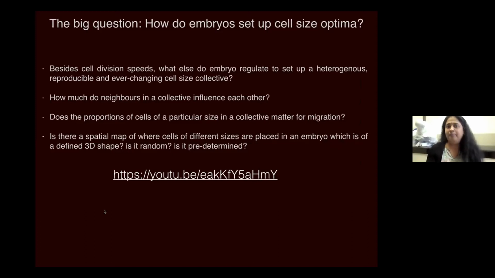So even if cell division rates play a role, it's not a very obvious role. The additional thing is, besides cell division rates, what decides the size of a cell collective? How do we know neighbors influence cell sizes? Because when we picked cells from a haploid or a drug treated or a tetraploid embryo into a diploid condition, some aspects of aberrant cell migration were recovered.